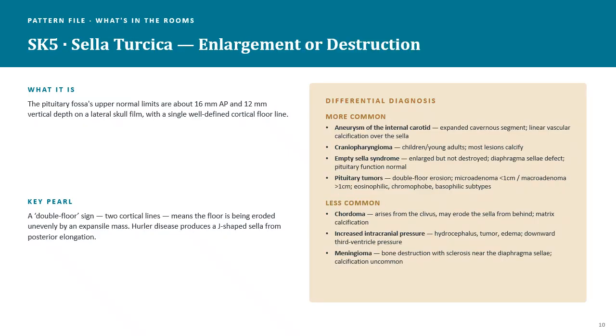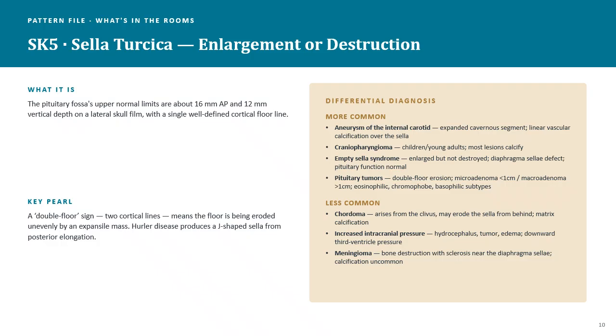All right, now we're moving on to sella turcica signs or changes, sella turcica patterns. Again, the sella turcica is the area of the skull that holds our pituitary gland. Normally, the sella turcica is typically smooth and it's a very well-defined area on our x-ray images. If it becomes enlarged or starts to look damaged, what they'll start looking for is what we call a double floor sign.